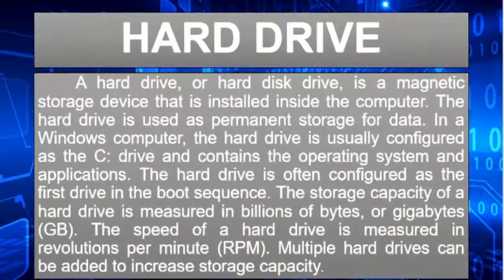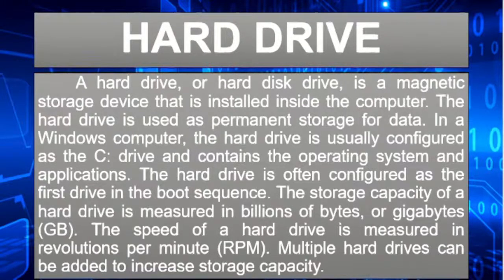Hard drive. A hard drive or hard disk drive is a magnetic storage device that is installed inside the computer. The hard drive is used as permanent storage for data. In a Windows computer, the hard drive is usually configured as the C drive and contains the operating system and applications.